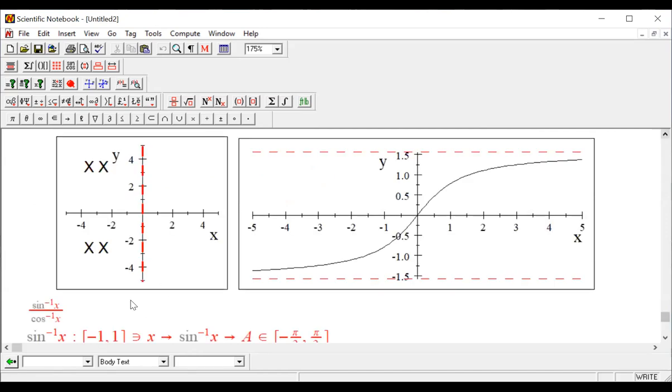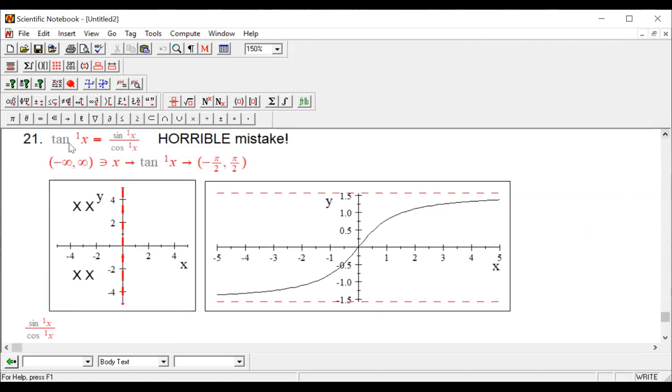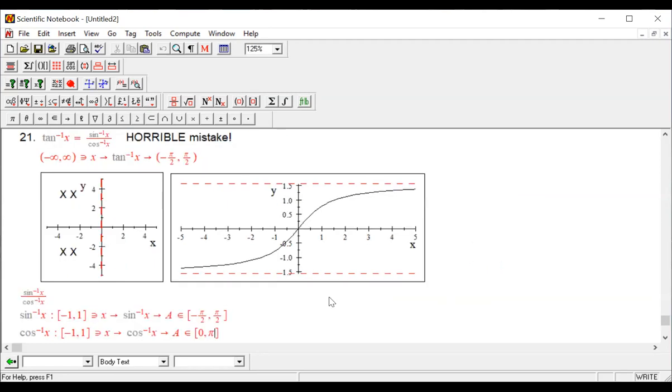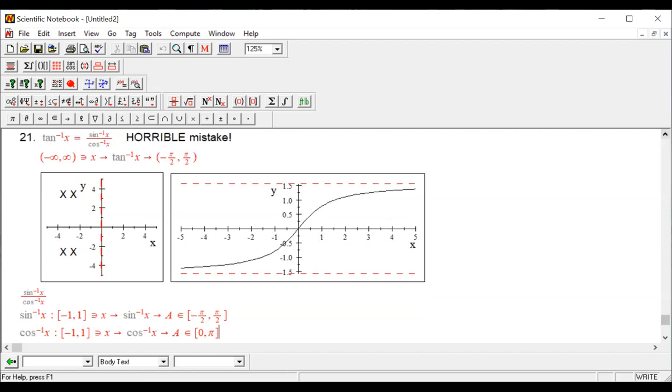If you look at all of this information, how are they supposed to work together? They're not from the same domain. The domains are not the same on both sides. So this is a terrible, horrible mistake. It's shocking that we see this kind of mistake. It's even more shocking that we see these mistakes in calculus class.